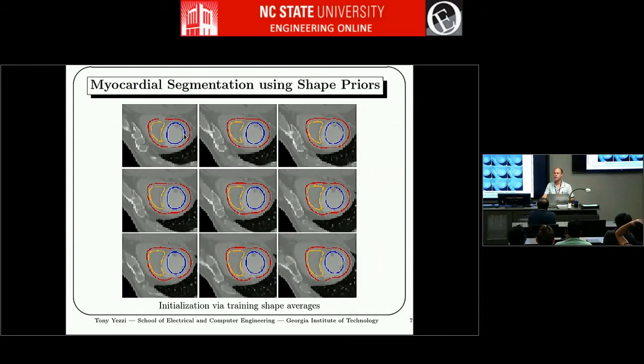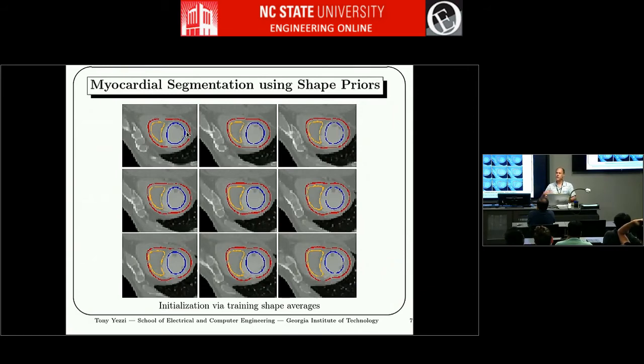So this is an example where using some kind of shape prior and some kind of machine learning, in this case we just use simple PCA, is useful. So we come up with a three-dimensional, finite dimensional model for these three different pieces of the myocardium. So the two inner boundaries for the left and the right ventricle, as well as the outer boundary for the epicardium.